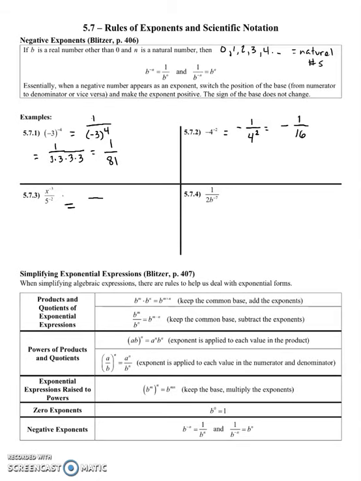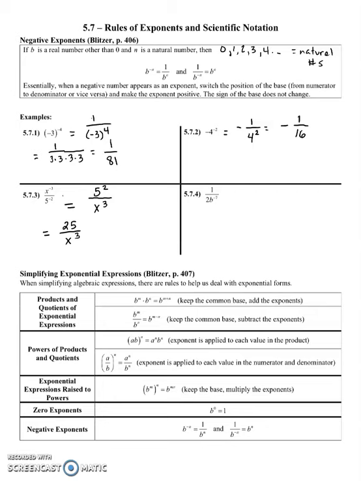The x to the negative 3, instead of being in the numerator, becomes part of the denominator with a positive 3 exponent. And likewise, the 5 to the negative 2 in the denominator gets moved to the numerator. So we have 5 squared in the numerator. Then all that's left to do is 5 squared is 25. So we have 25 over x cubed.